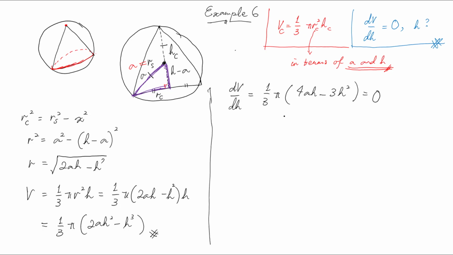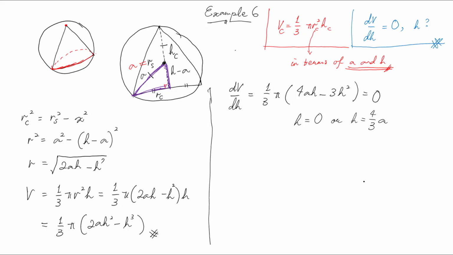Then rearranging this is simply a quadratic function. You know that this 1 over 3 pi will vanish because this side is equal to 0, and then you only have 4AH minus 3H square equal to 0, and you will get H is equal to either 0 or H is equal to 4 over 3 A.